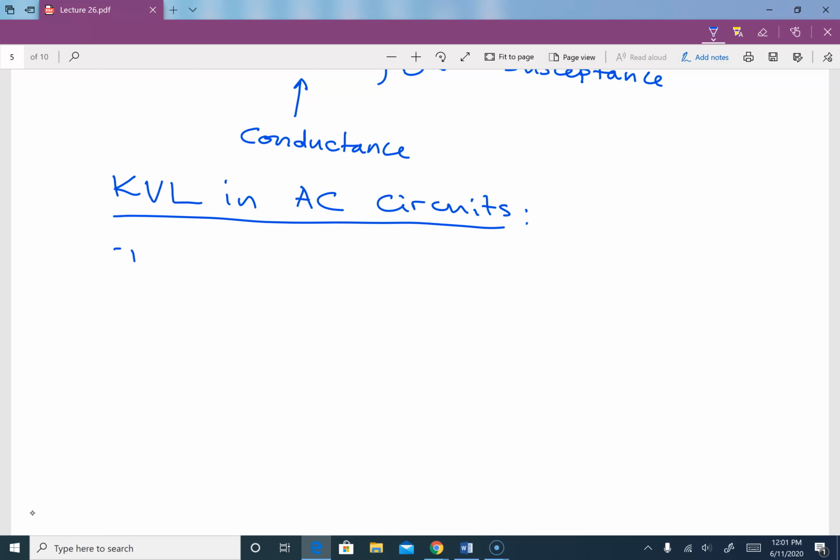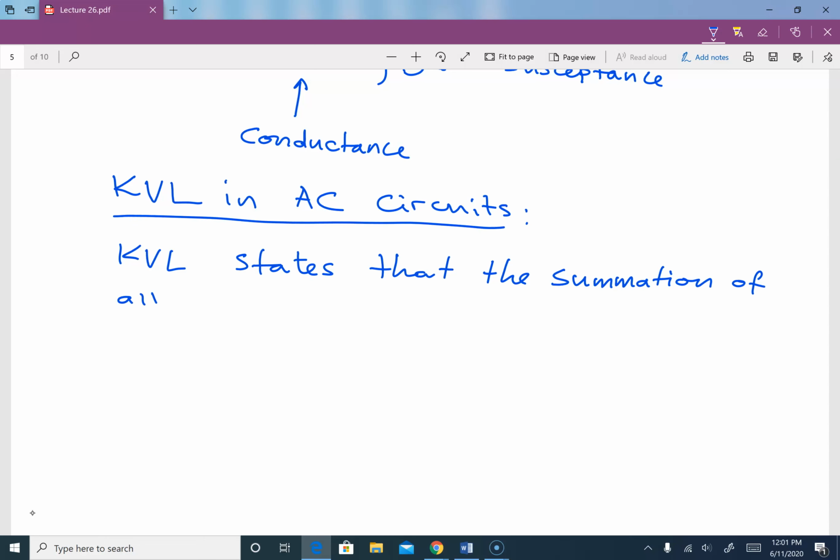So over here we can say that KVL states that the summation of all voltages around any closed loop is equal to 0.